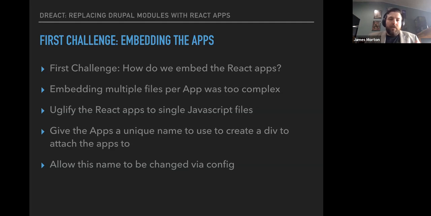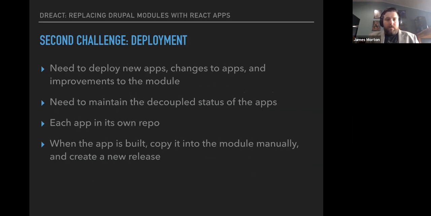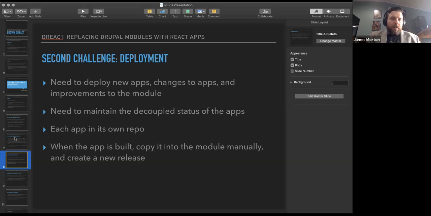Each application, we gave a unique name, of course, but the name was set via a config file that we're using. That becomes important later because we use that config file to not only identify the app, but to generate the location where the React app will attach itself in the page.